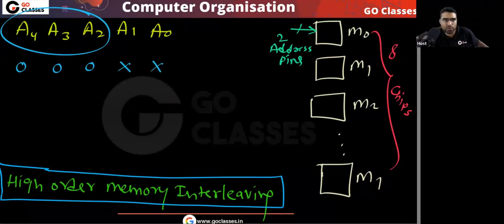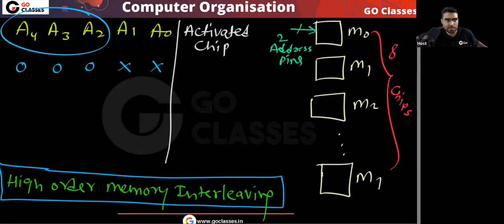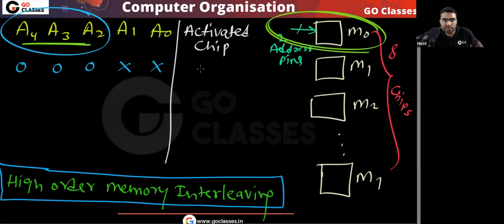On this side, I am writing activated chip. So if I make these 3 bits 0, then this chip will be activated.